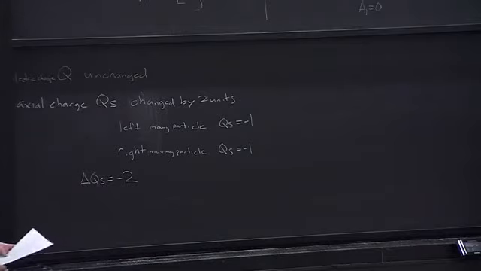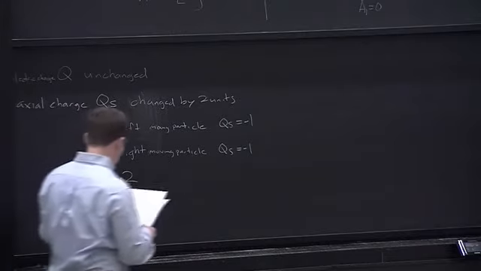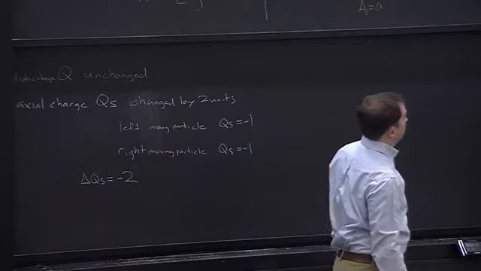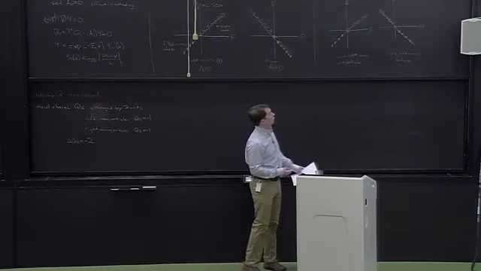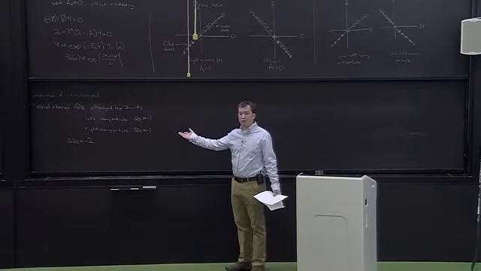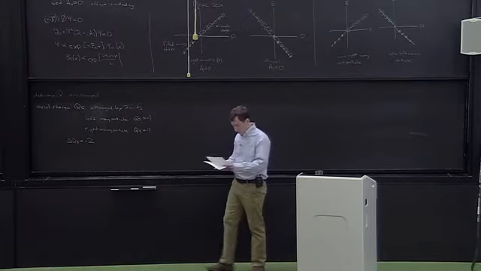And it'll be useful to rewrite this in terms of the current. And to do that, we know that if we had changed A1 from 0 to 4 pi over L, we'd get a change in the axial charge of -4 units.